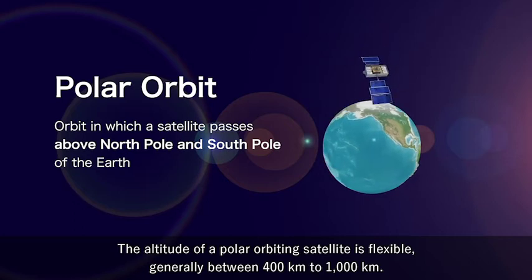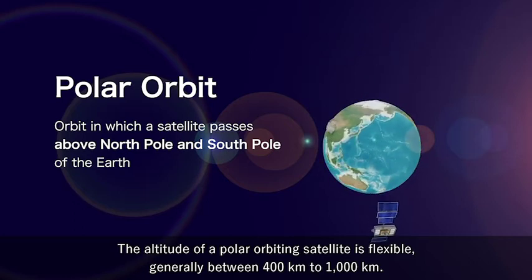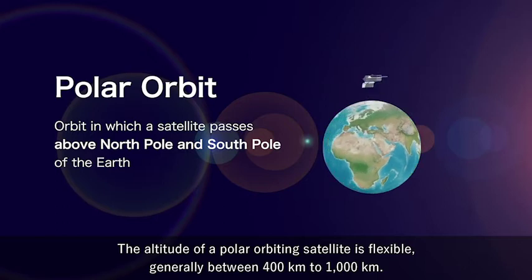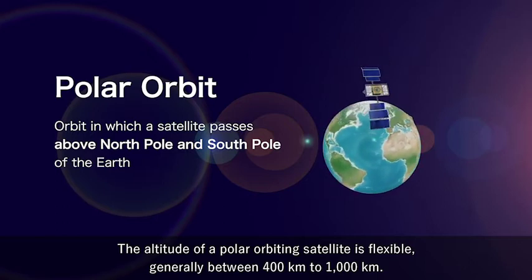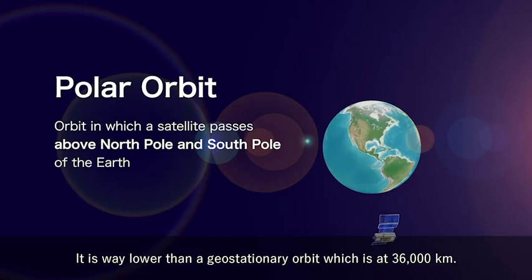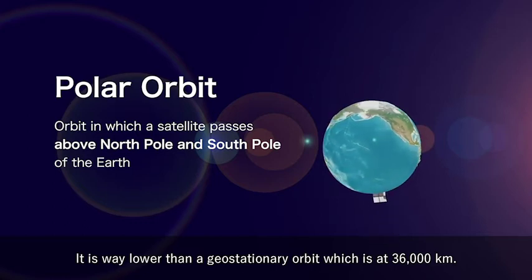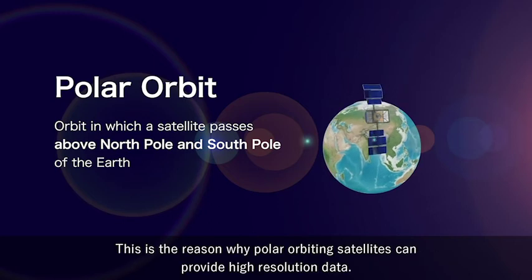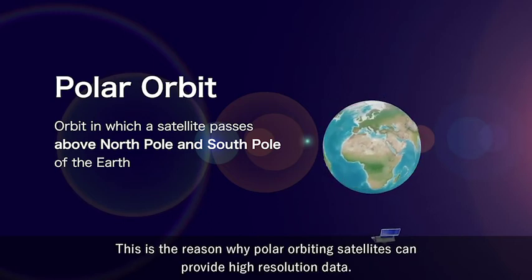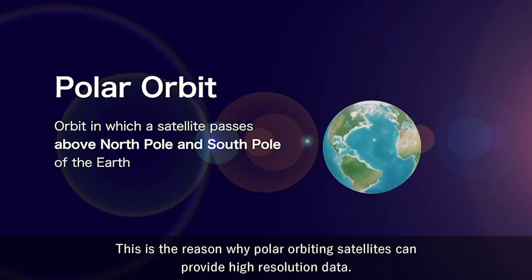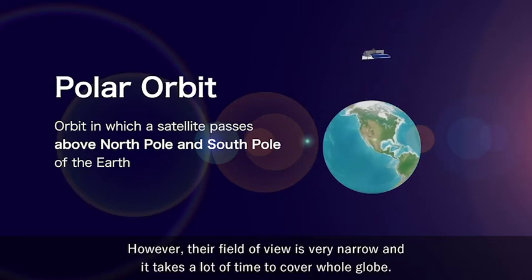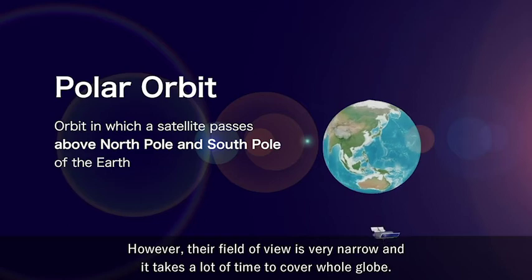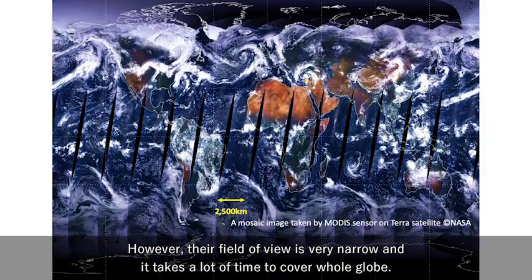The altitude of a polar orbiting satellite is flexible, generally between 400 km to 1000 km. It is way lower than the geostationary orbit, which is at 36,000 km. This is the reason why polar orbiting satellites can provide high-resolution data. However, the field of view is very narrow and it takes a lot of time to cover a whole globe.